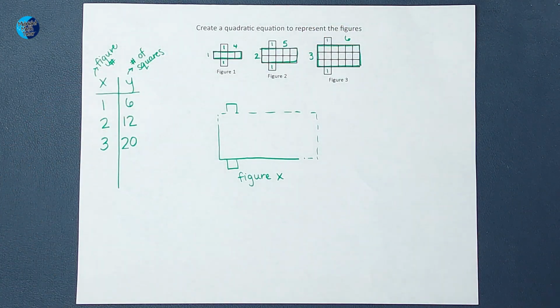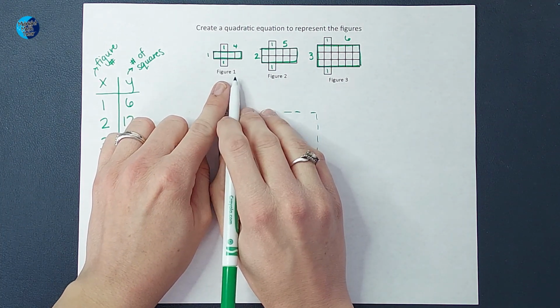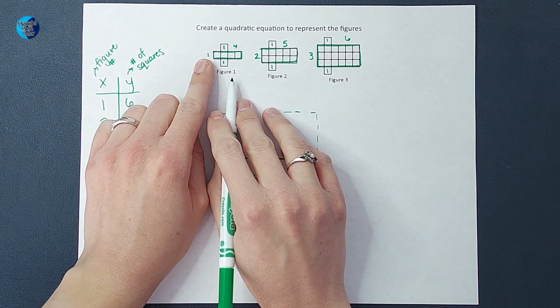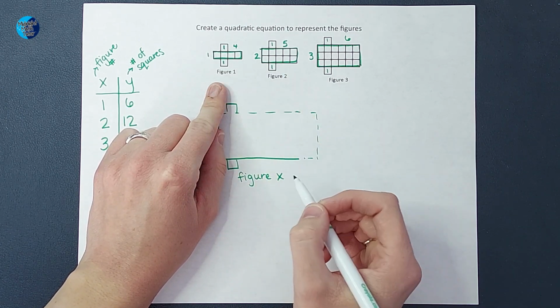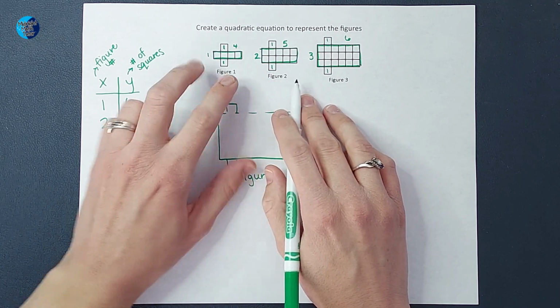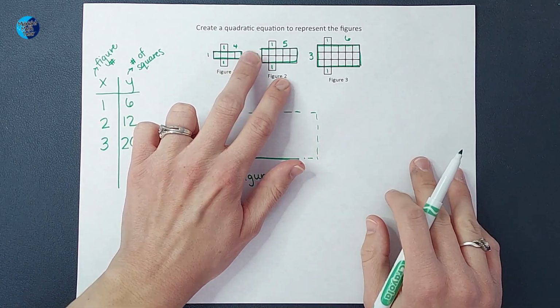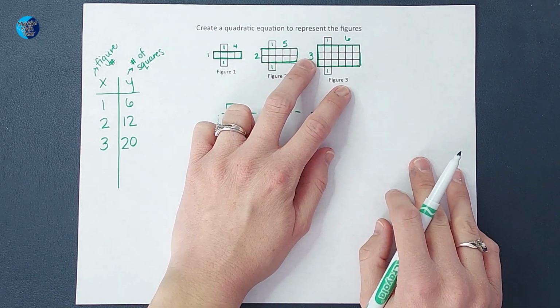And if you're like, what on earth are you talking about? Hang with me. If you notice, figure 1, this side has 1, and the top has 4. On figure 2, the side is 2. Oh, look, those match, those match, those match. Okay, I'm starting to notice a little bit of a pattern.